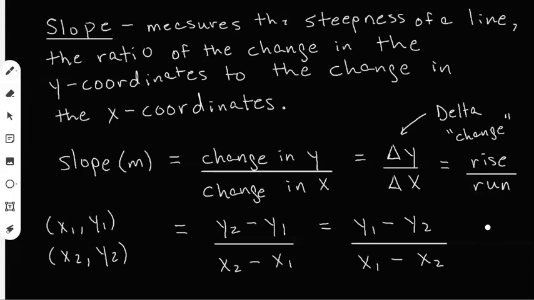I think it's because the x values, they want to introduce some kind of order to it, and it would be easier to remind kids that order is required if you actually wrote the 2 first instead of the 1. But I'll show you in one of the examples how this formula actually works too. So that's going to be the slope formula that we're going to be using. Either one of those is fine.